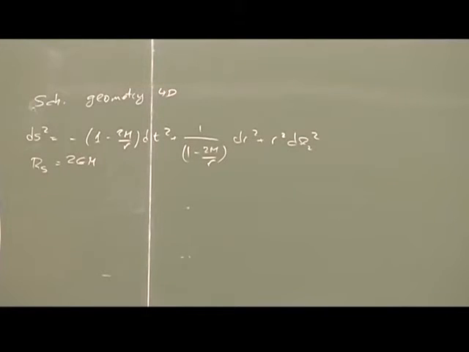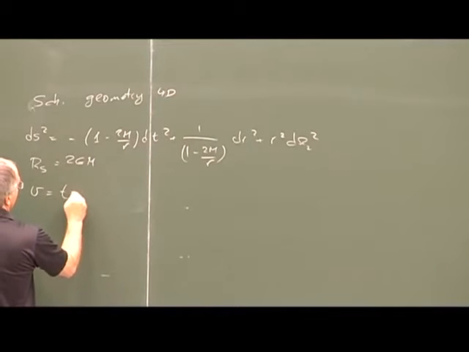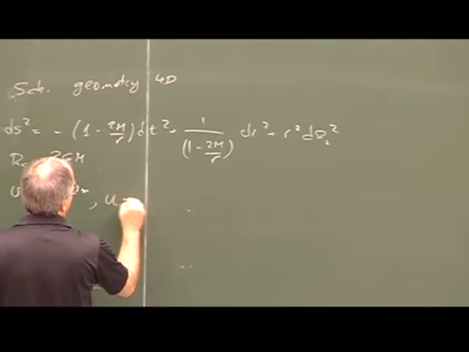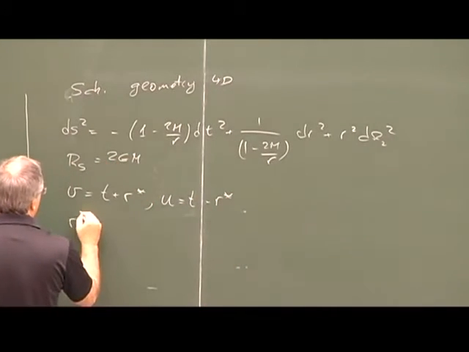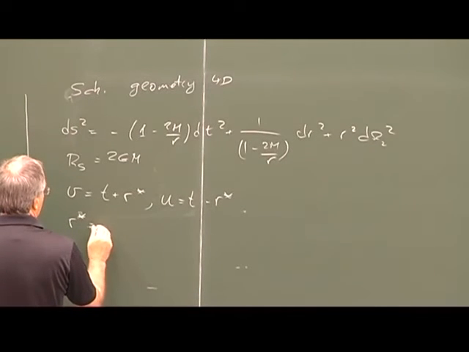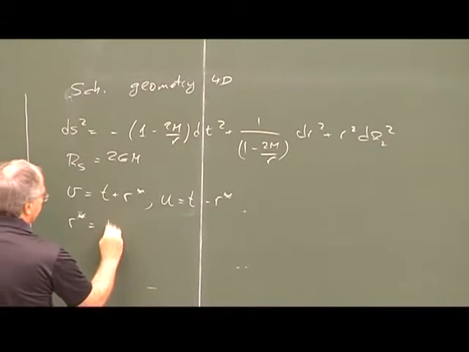I suppress for the moment h bars and c's. I will also be using advanced time and retarded time, and r star is the tortoise coordinate.